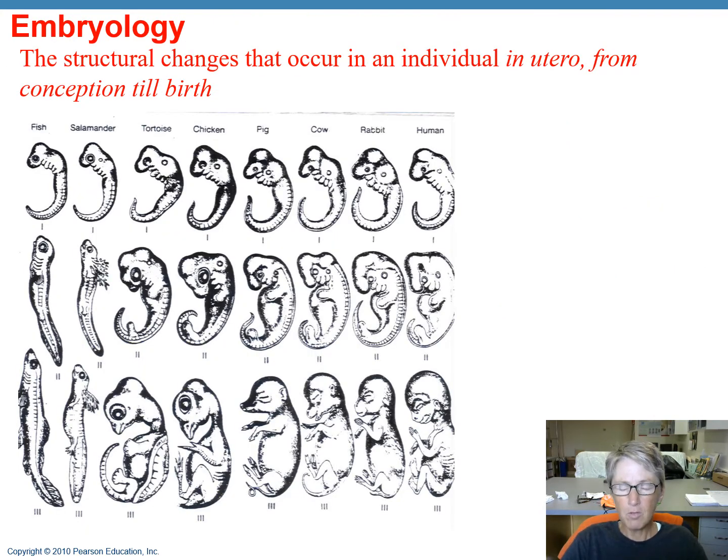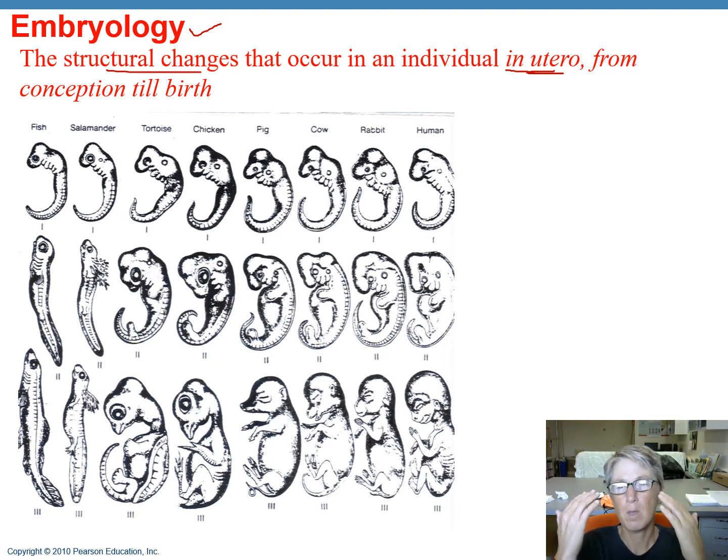In addition to microscopic anatomy and gross anatomy, you have another division within anatomy called embryology. Embryology is the structural changes that occur in an individual in utero from conception until birth. You'll study this in 202, but you already know this.